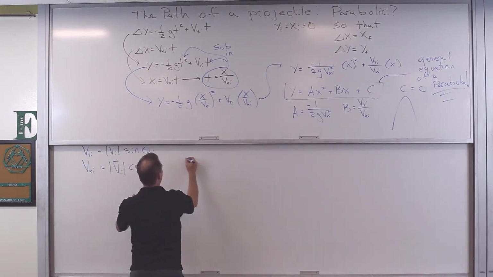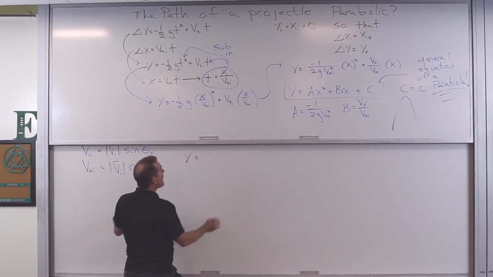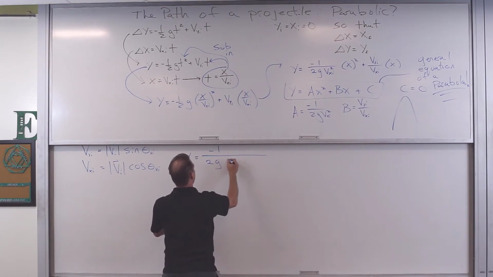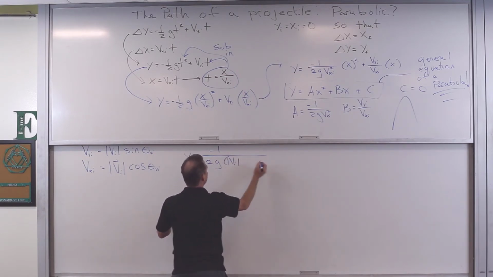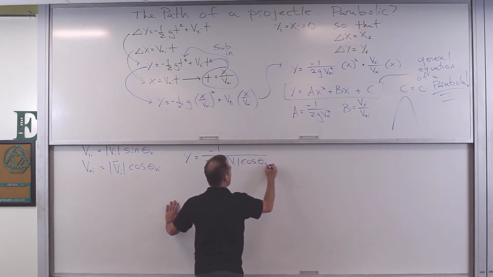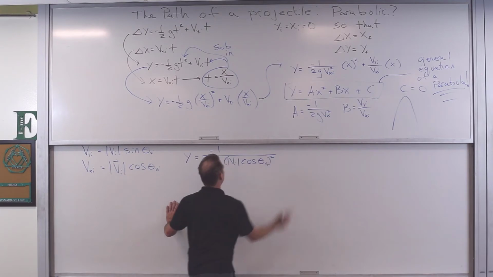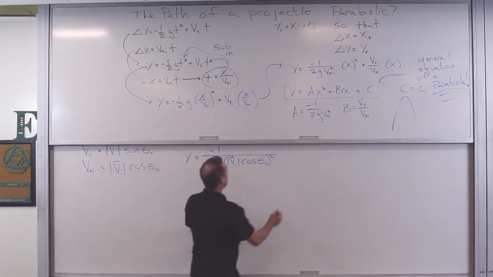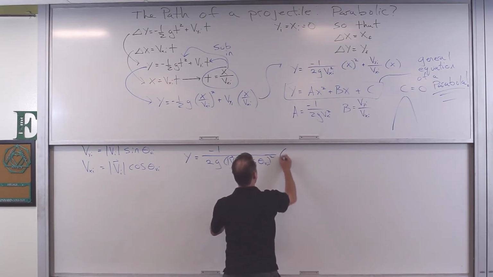So, we can write this now as y is equal to -1 divided by the quantity of 2g times the magnitude of V initial times the cosine of theta V initial, that whole quantity squared, and that's going to be multiplied by x squared.